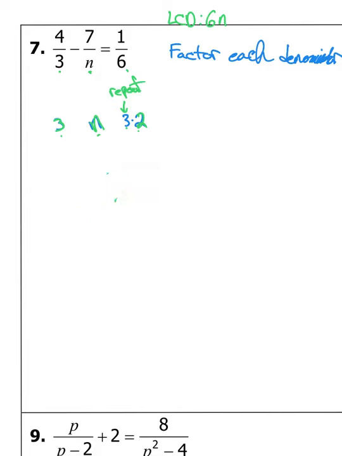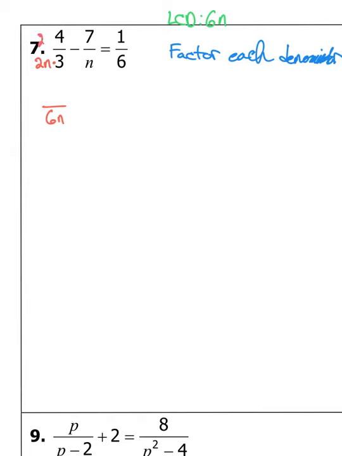We have our LCD of 6n, meaning that's what I'm going to try to make each of my denominators. So how could I make this 6n? Well, I can multiply it by 2n. If I multiply it by 2n, I get my desired LCD.